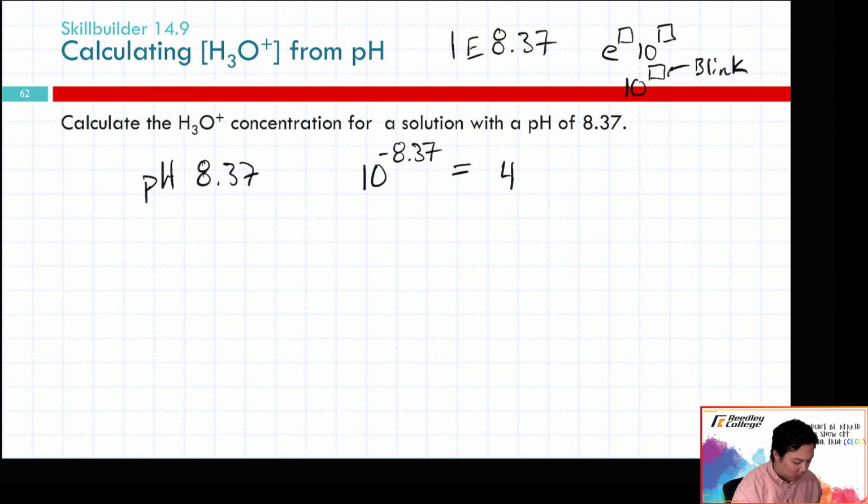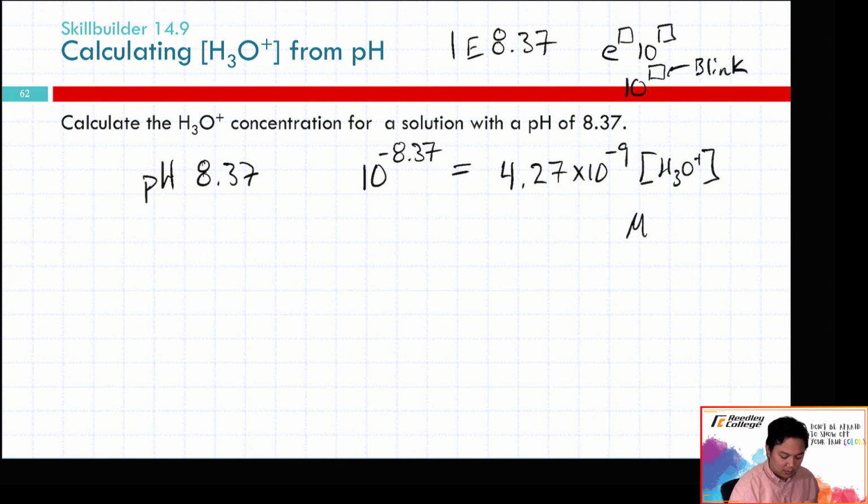So we're going to get 4.27 times 10 to the negative 9. And then our unit would be H3O plus. You write the units either as [H3O+] in brackets, or as molar H3O plus. Cool.